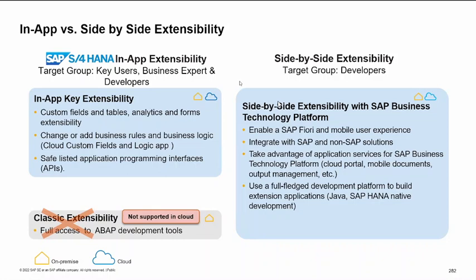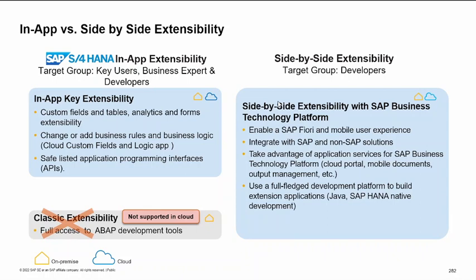Okay, this is mentioned again in the next slide. We concentrate here on in-app key extensibility, or in-app extensibility, but you can do a lot. I would say you can create fields, you can modify the system logic a little bit, you can create forms, and you have safe listed APIs that you can use for extending the system.